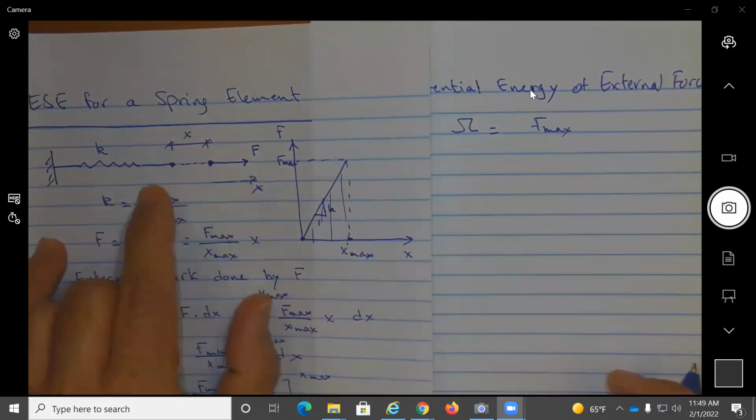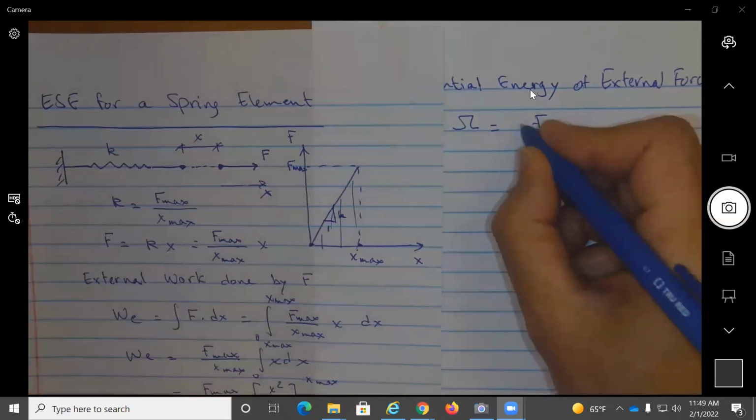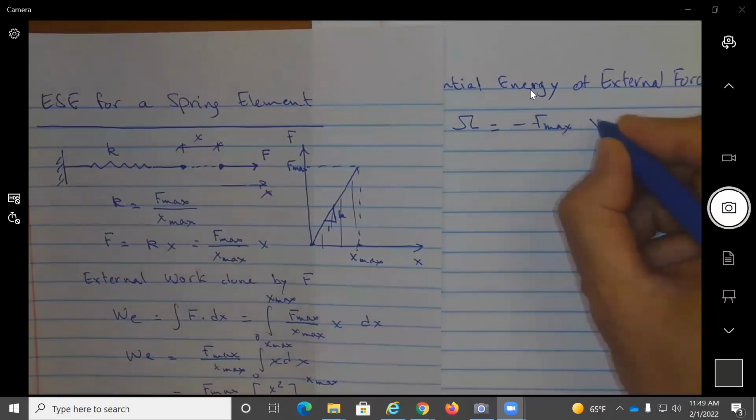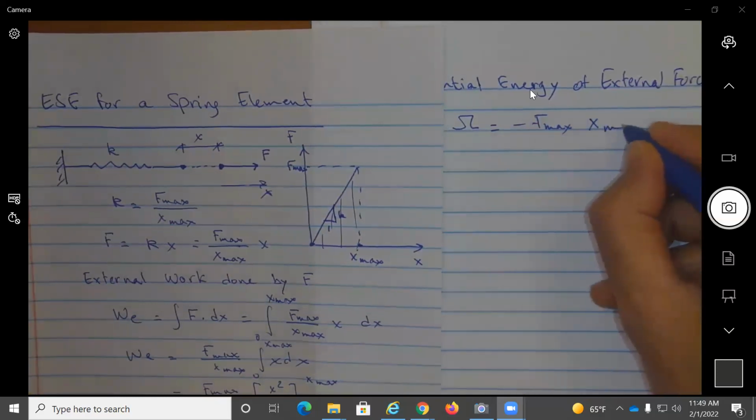So it wants to go back in the opposite direction. So that would be multiplied by minus X max. So I put here minus F max times X max.